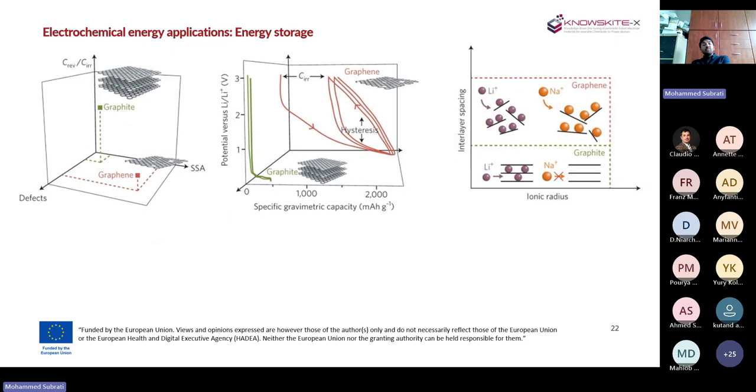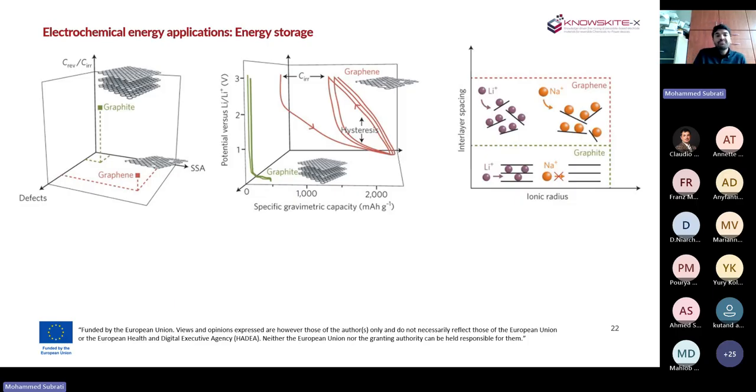One would ask, why until this very day, for lithium-ion batteries, is all the anode material still graphite and not graphene? Well, it's for the following reasons.